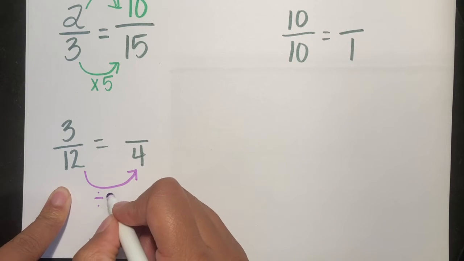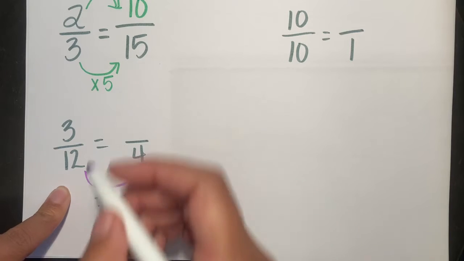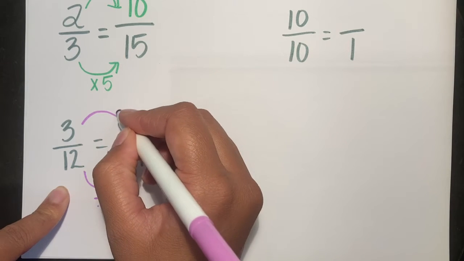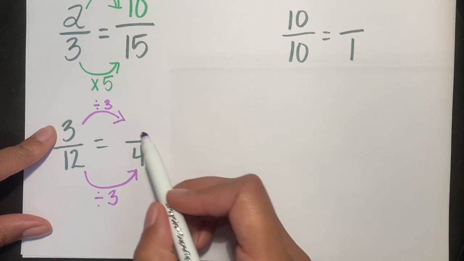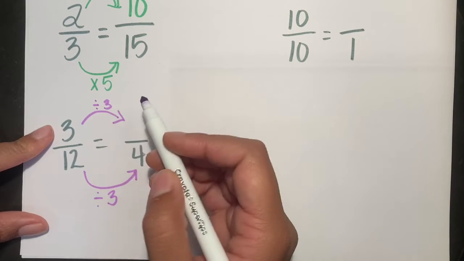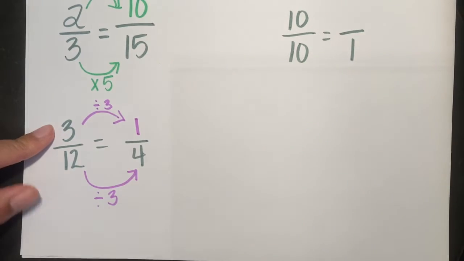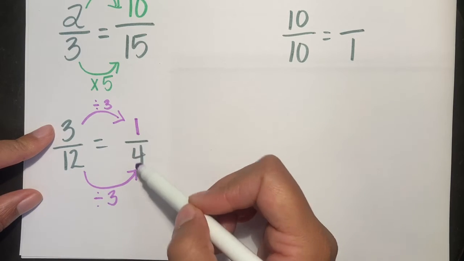It's the same answer regardless, which is 3. This means that I will be dividing 3 to this numerator to get a new numerator that is equivalent. 3 divided by 3 would give me 1. This means that 3/12 is equivalent to 1/4.